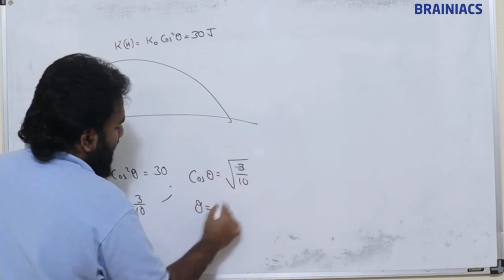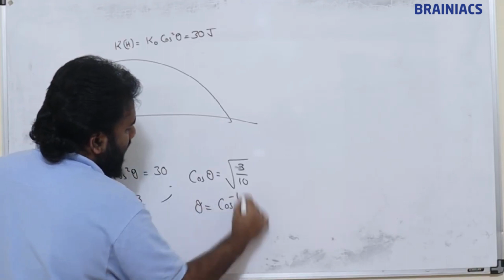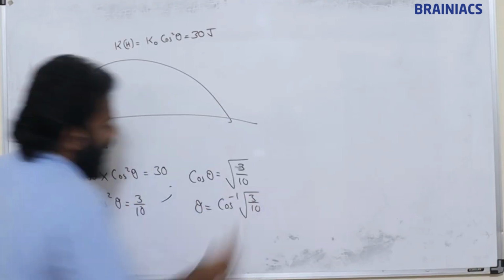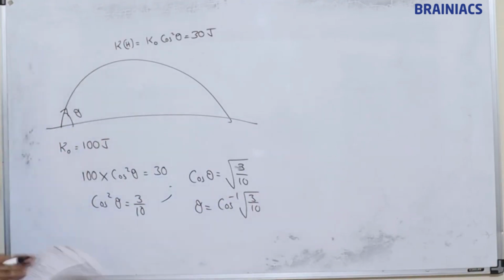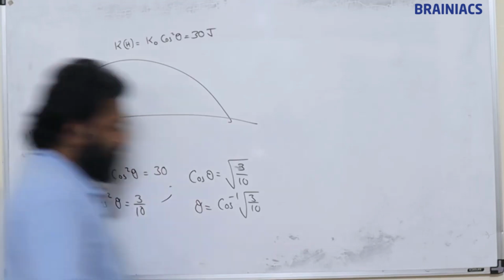So theta is nothing but cos inverse root 3 by 10. That is how the options are also given. Clear? Fine.